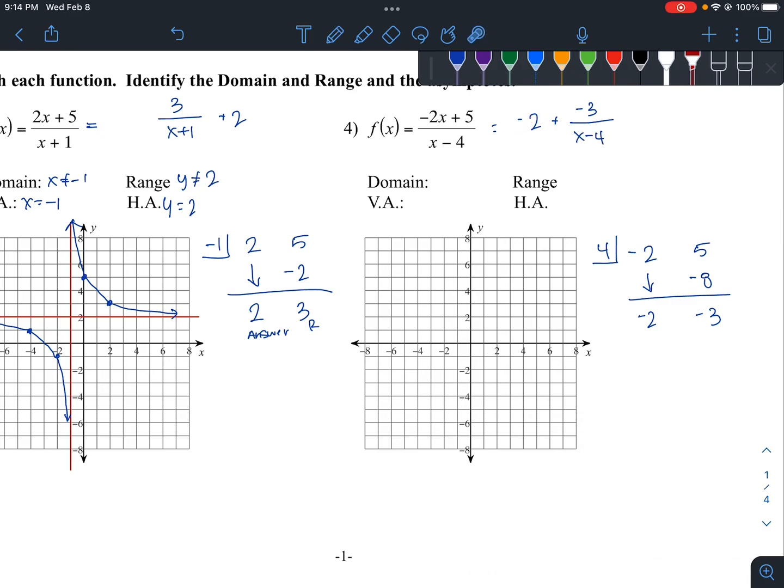So I'm down 2 and I'm right 4. So down 2, that's going to be my horizontal asymptote, and I'm right 4. That's going to be my vertical asymptote. So x equals 4, y is equal to negative 2, so y cannot equal negative 2, and x cannot equal 4.